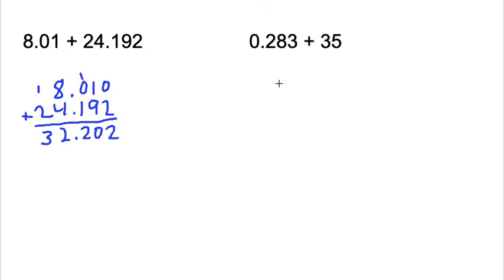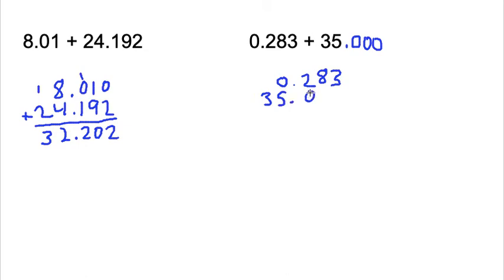So let's go ahead and set this up. So we have 0.283. Now I'm going to put those zeros in there to help us line up, realizing our 3 and 5 have to line up with the zeros.